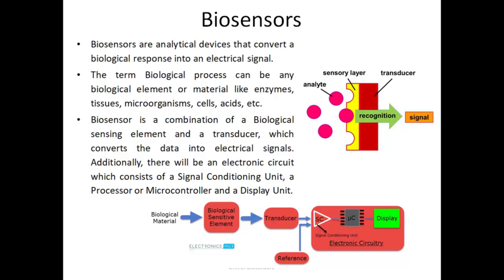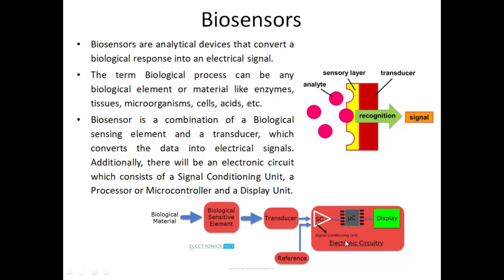Additionally, there will be an electronic circuit which consists of a signal conditioning unit, a processor, microcontroller, and a display unit. So basically, a complete biosensor will have a biological material, that is a biological sensitive element. It will come in contact, some reaction takes place, that goes to the transducer. Transducer generates a corresponding electrical signal.